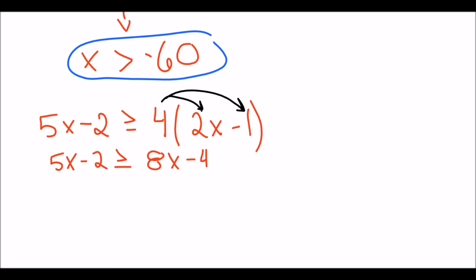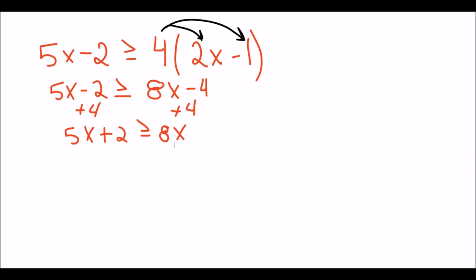And now we can just go ahead and solve like we have all of the other ones. So let's add 4 to both sides, because we want all the constants on one side and all the variables on the other. So that is going to give us 5x plus 2 is greater than or equal to 8x. And by now you guys are probably pros at this. So let's keep going. Let's subtract 5x from both sides.